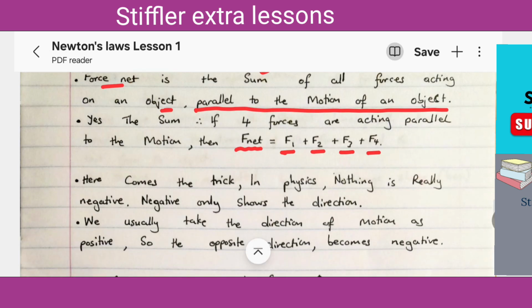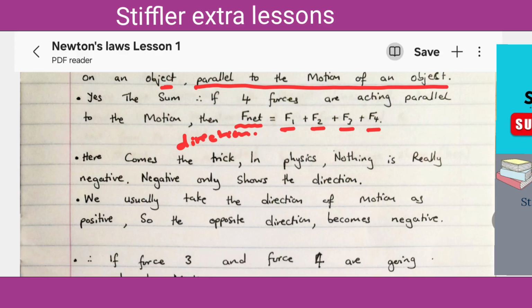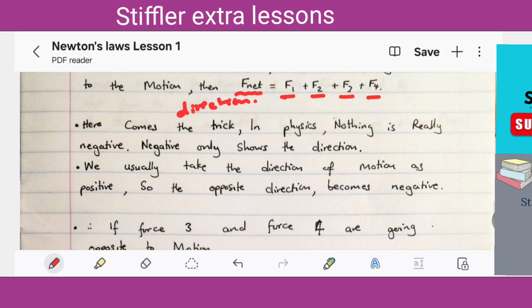However, don't forget that we are dealing with vectors. So what is important in vectors? It is direction. Also remember that in physics, there is nothing that is actually negative. The negative only shows us the direction in which something is moving, or the direction in which quantities are being shed.